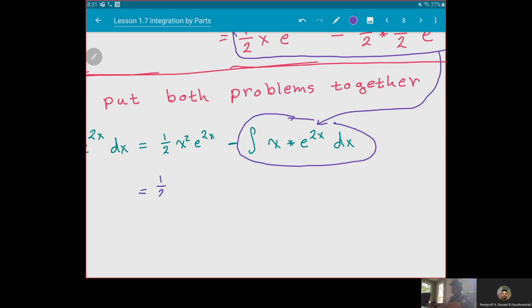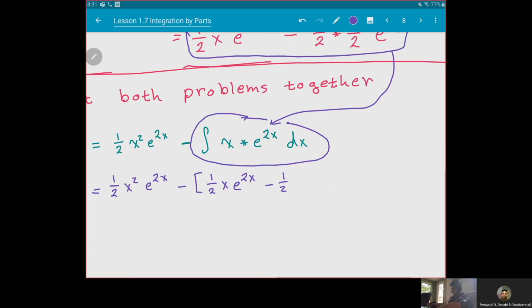1/2 x squared e to the 2x minus 1/2 x e to the 2x minus 1/2 times 1/2 e to the 2x plus c.